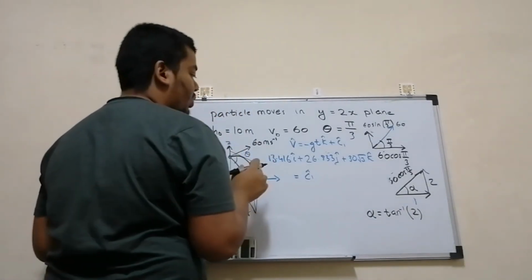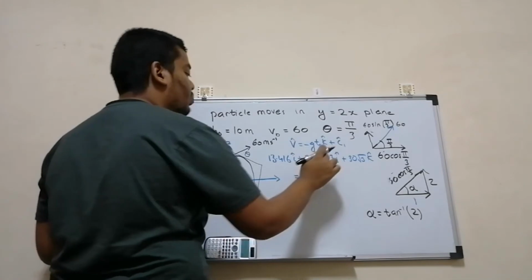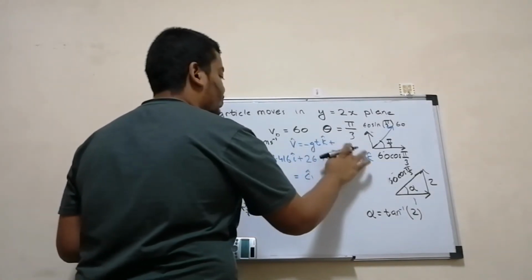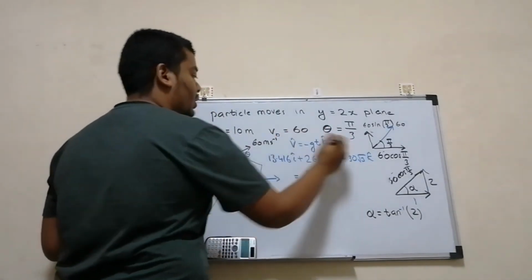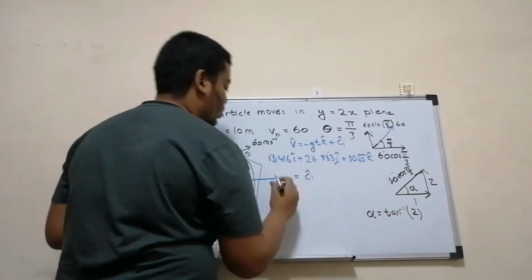So the final velocity vector is, I can just replace C1 and write it down here again.